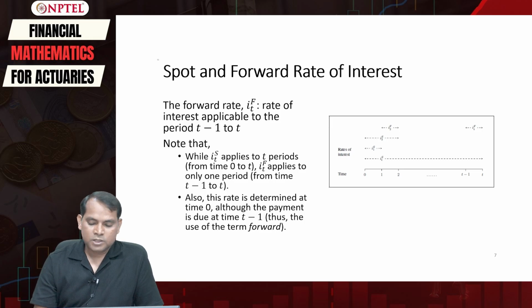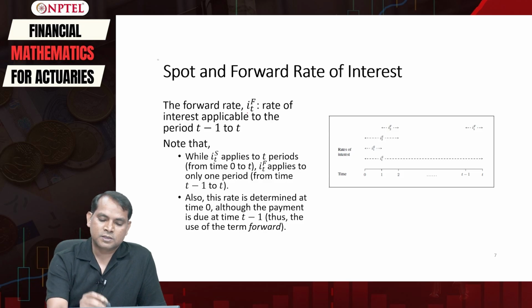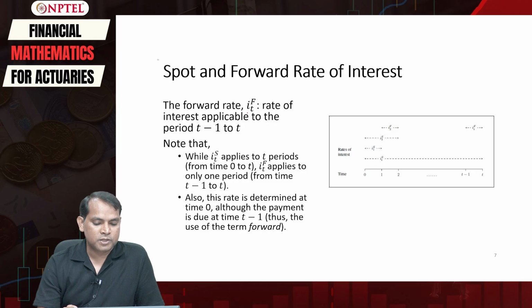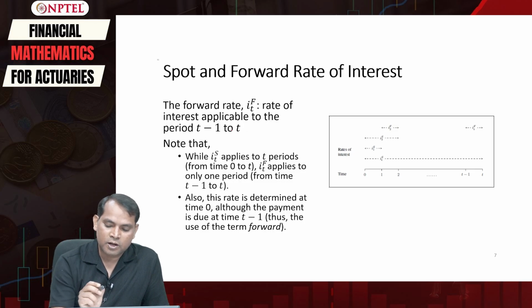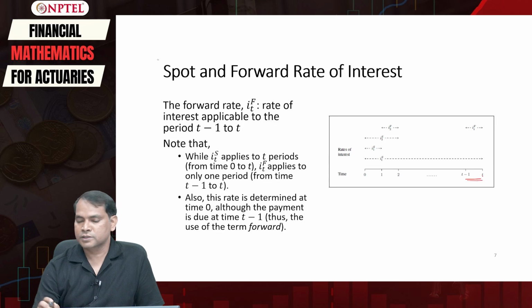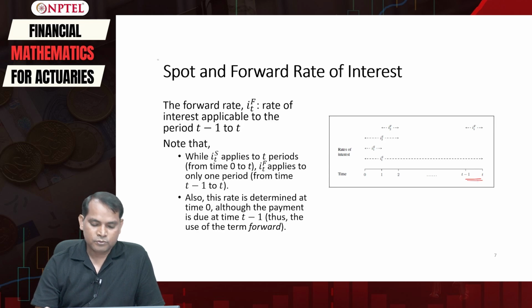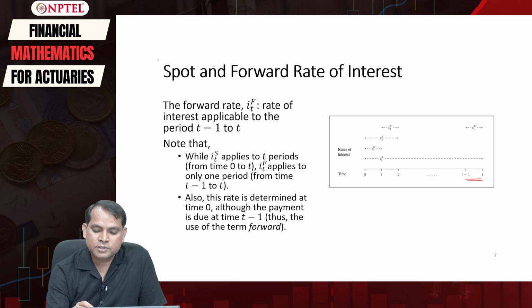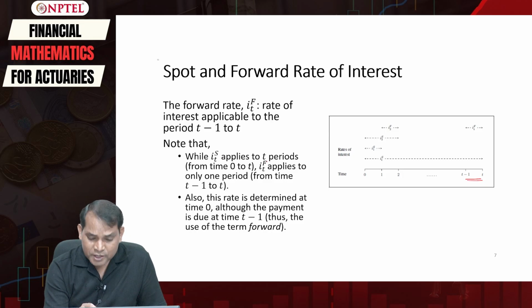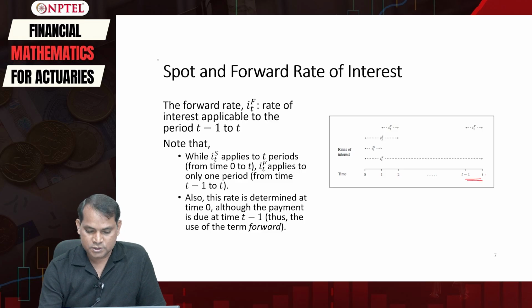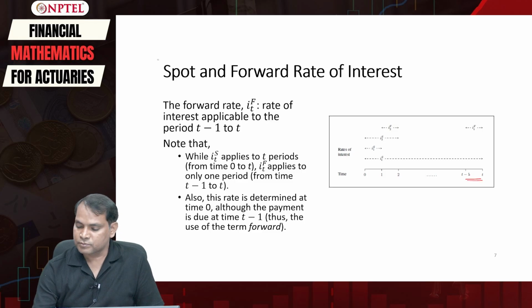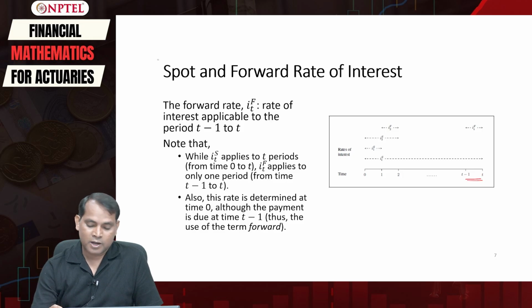But now, what is forward rate? Let us denote the forward rate as ITF, that is the rate of interest applicable to the period T minus 1 to T. Note here that while ITS applies to T periods, that is from 0 to T, ITF applies to only one period, that is T minus 1 to T. Also, this rate is determined at time 0, although the payment is due at time T minus 1.